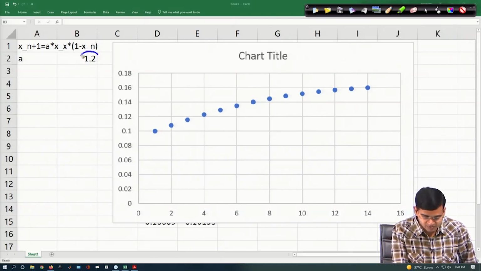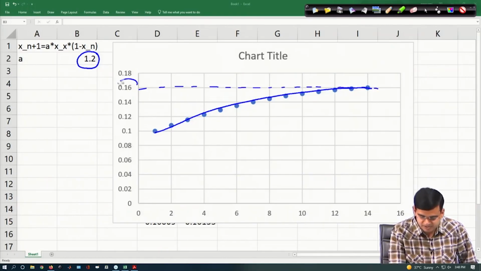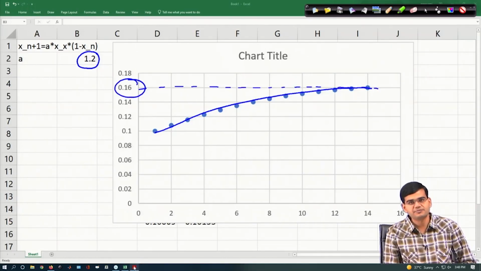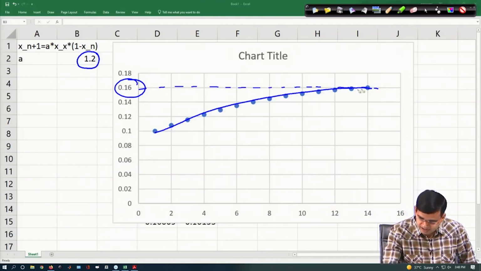When A is 1.2, you see that the curve is saturating. That means you can expect this 0.16 to be the fixed point, and the system is asymptotically tending towards this fixed point. That means this is attracting.